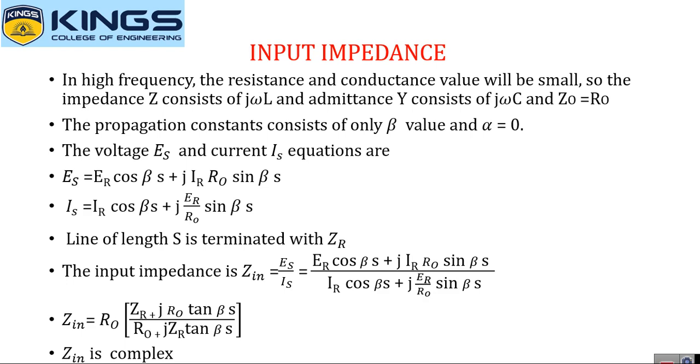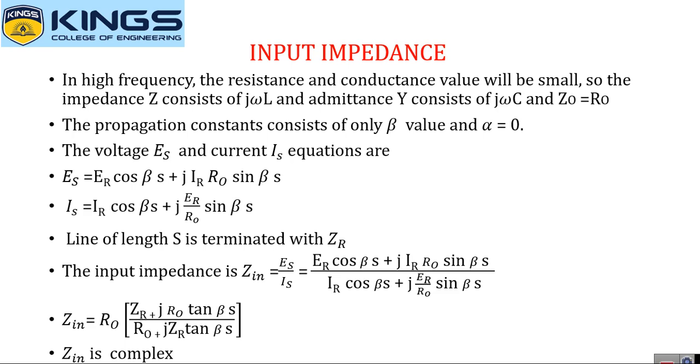At high frequency the resistance and conductance are very small, so they are almost 0. So the impedance and admittance consist only of reactive parts: impedance is j omega L and admittance Y is j omega C. The characteristic impedance is then Z0 in terms of R0. The propagation constant consists of only the beta value and not alpha, because alpha equals 0.